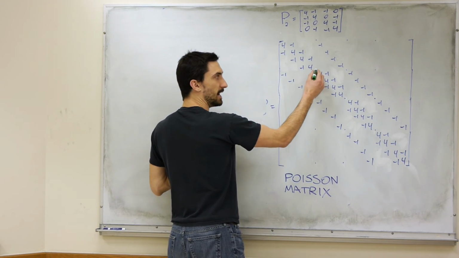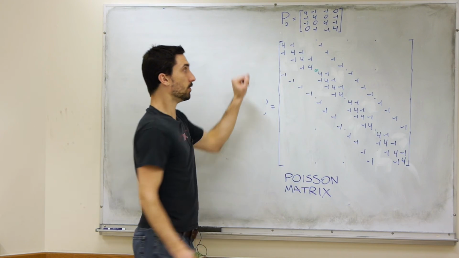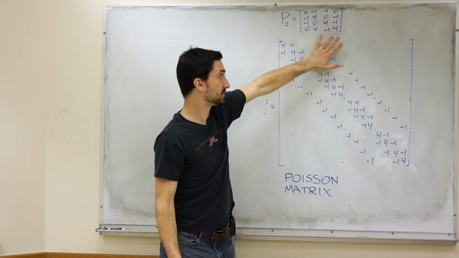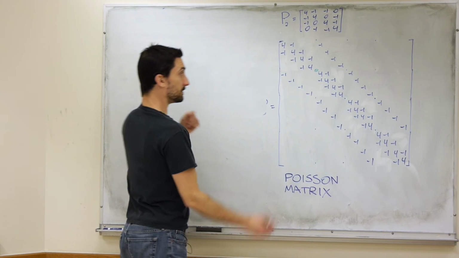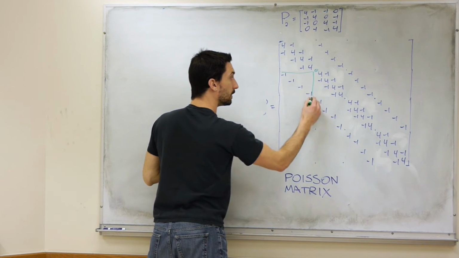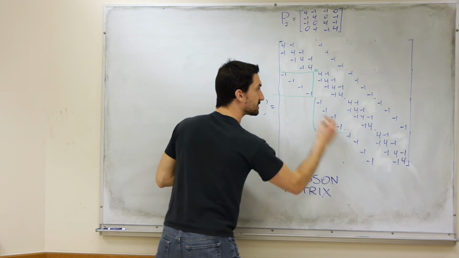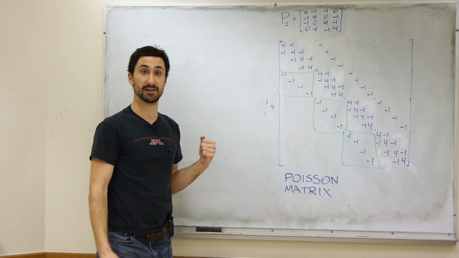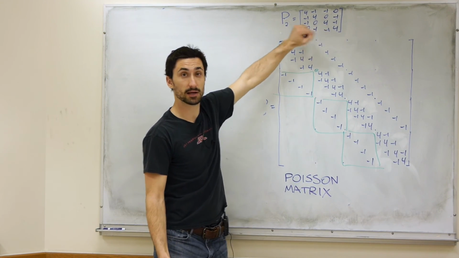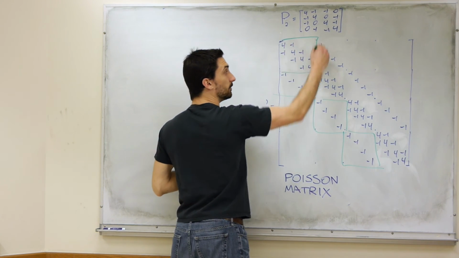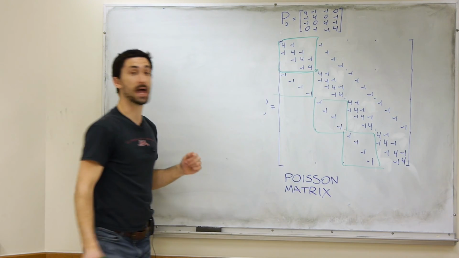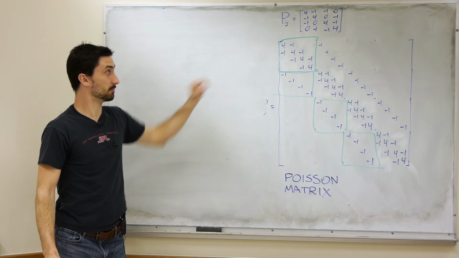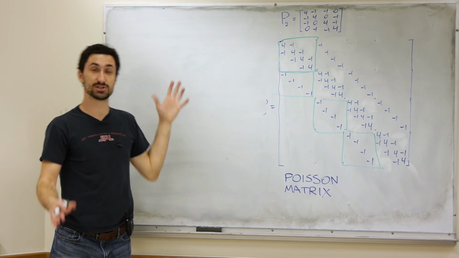I've drawn some dots here to denote where 4 by 4 blocks begin and end. So it looks like each of these off-diagonal blocks looks like a negative identity. Same thing with the superdiagonal. And then each diagonal block looks like a tridiagonal with some structure involved. Just take my word for it.